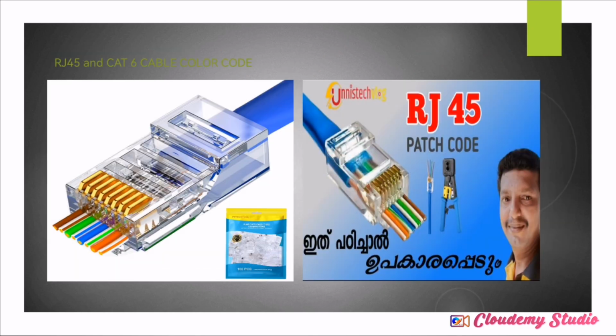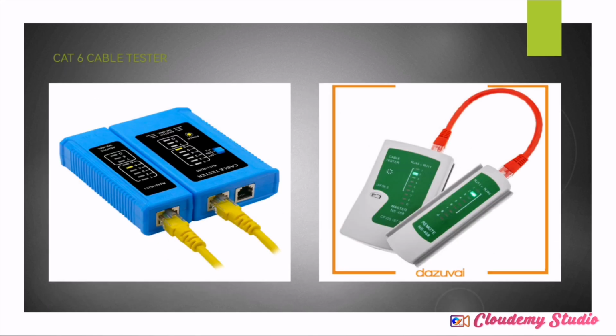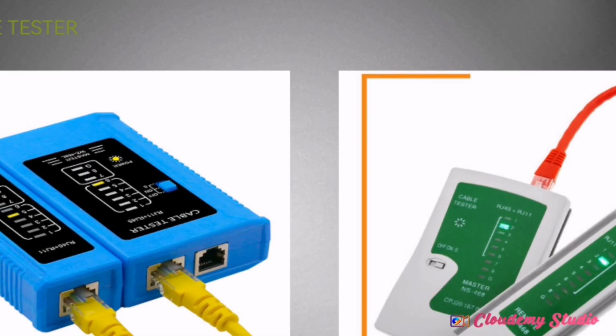The same applies to this tester. We have these numbers that we are seeing: 1 is orange white, 2 is orange, 3 is green white, 4 is blue, 5 is blue white, 6 is green, 7 is brown white, and 8 is brown.